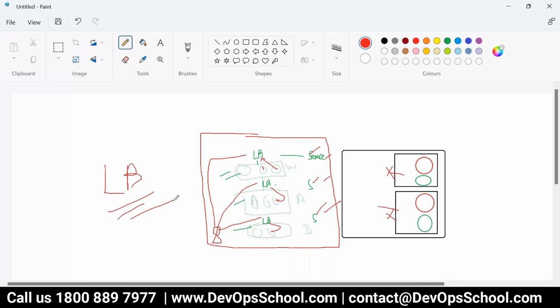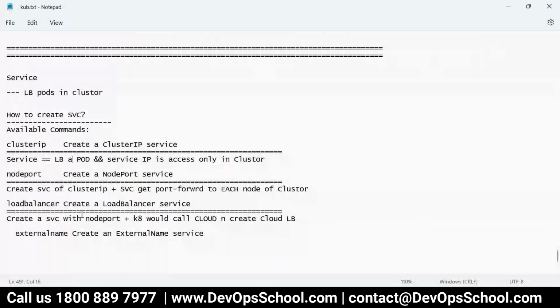So in this way, what will happen? When you call this type, the service will be created of node port type, so that you can access the service on each node. But Kubernetes will call the cloud, create a load balancer and add each worker to that LB. That is an automated process.